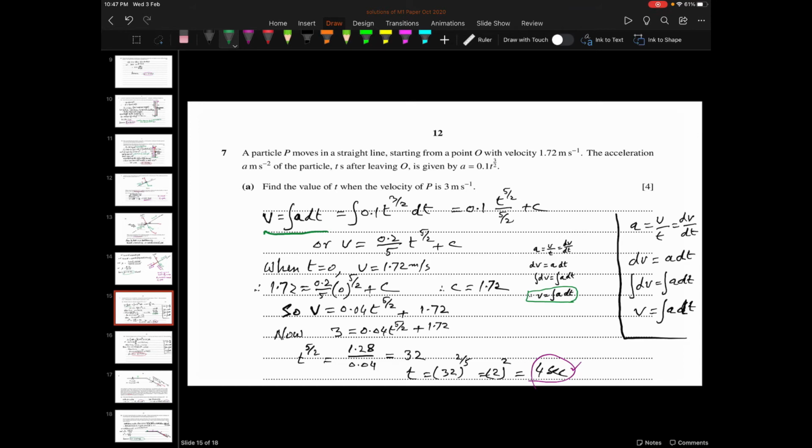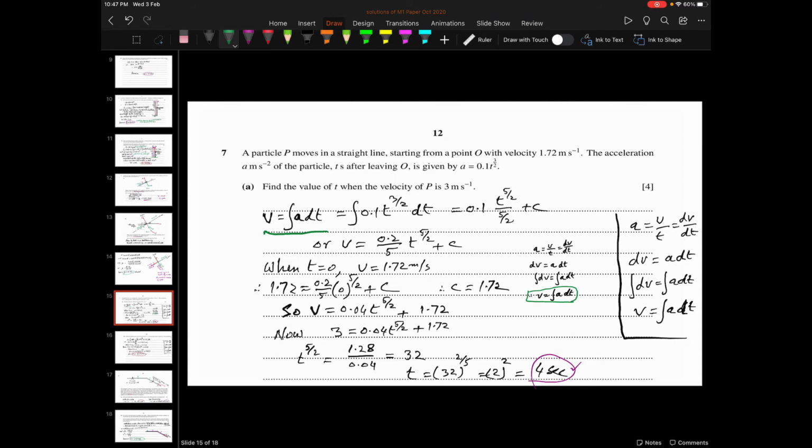That is equal to 0.1 multiplied by t to the power 5 over 2 divided by 5 over 2 plus integration constant, or v is equal to 0.2 upon 5 multiplied by t to the power 5 upon 2 plus c.